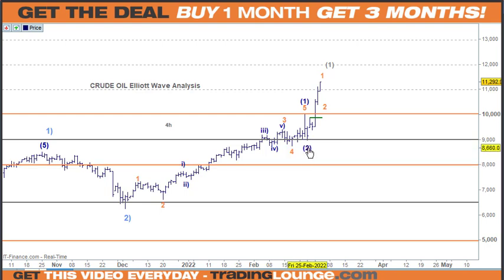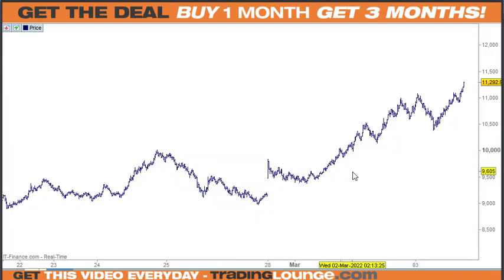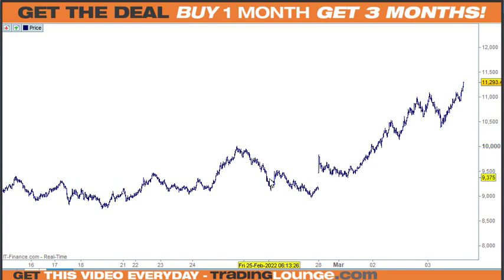I could put a wave 2 there because it's got an A and a B and a C correction there. You can kind of see it if I went into maybe a tick chart, a big fat tick chart, 5,000. Yeah, this one here. So an A wave, a B wave, and a C wave here, as a 1 and 2 for that.